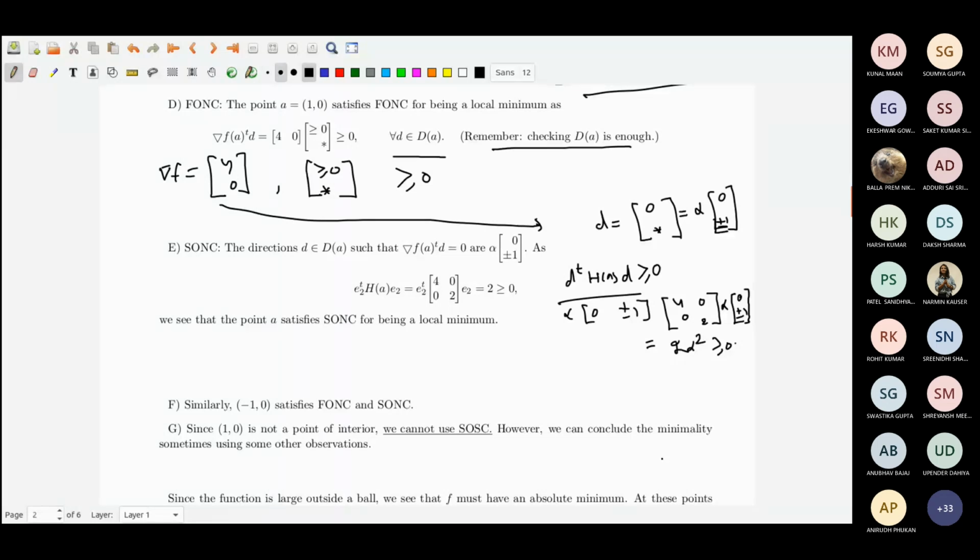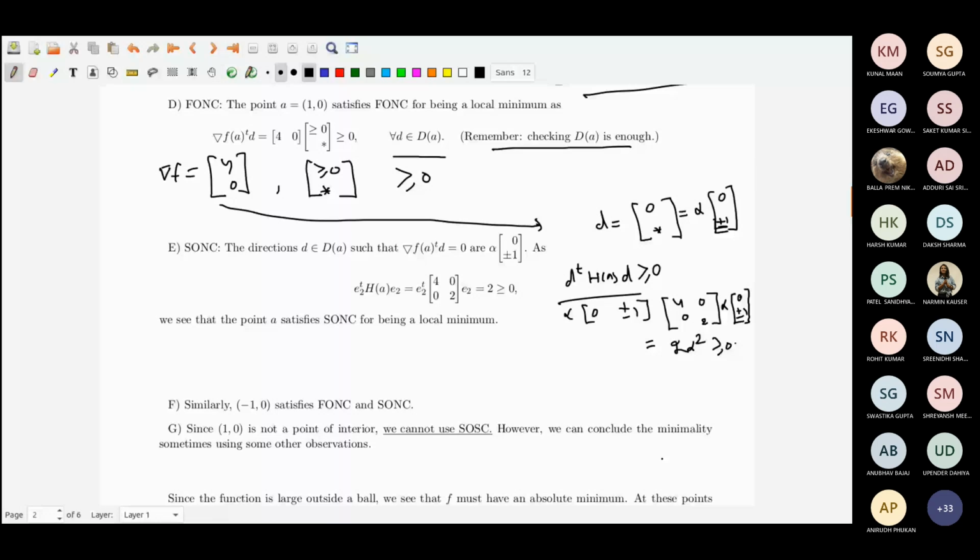So the absolute minimum is bound to occur, and at these points the first order and second order necessary conditions are bound to be satisfied.